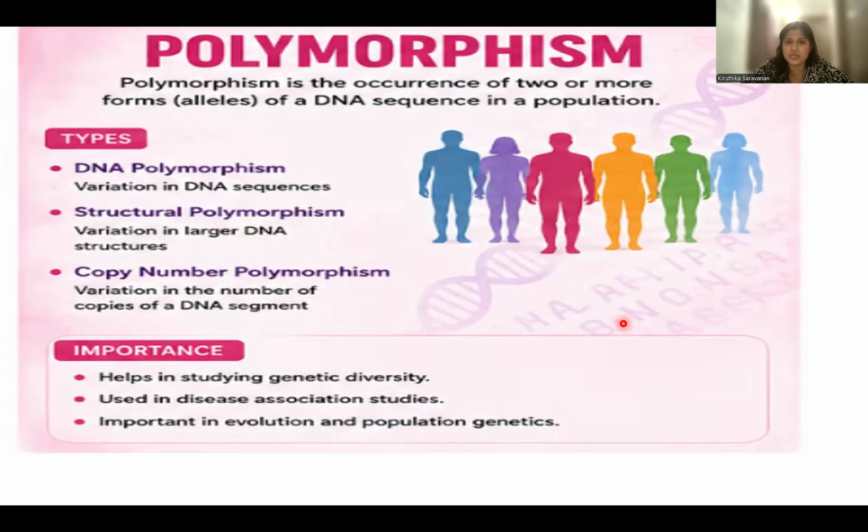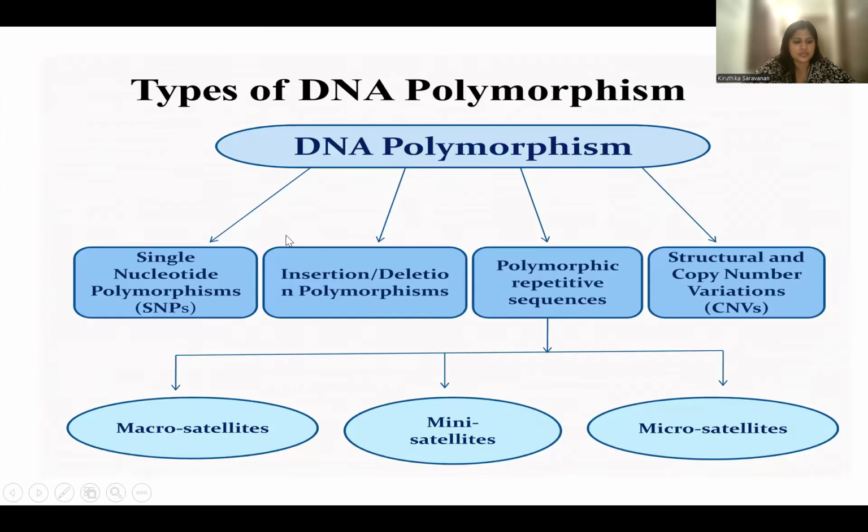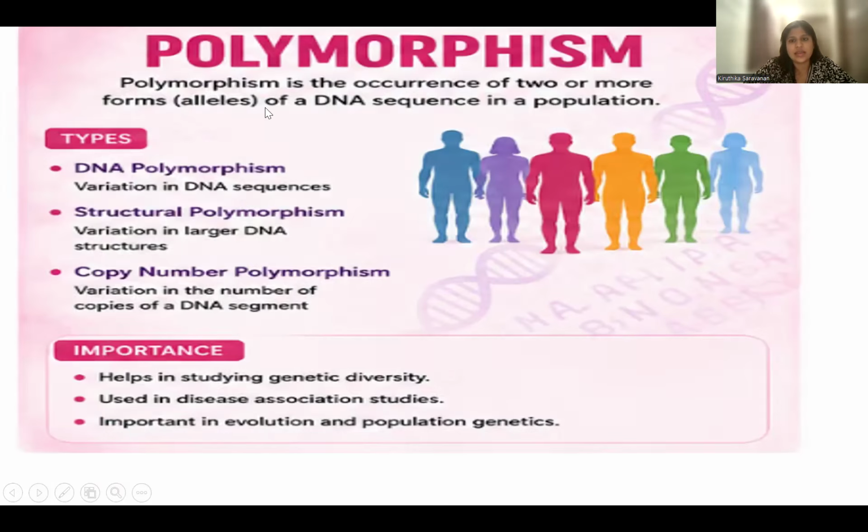So now coming to polymorphism. Polymorphism, as you can see here, is the occurrence of alleles, a variation in the DNA sequences. We have structural polymorphism, meaning there is a variation in the length of the DNA sequence.